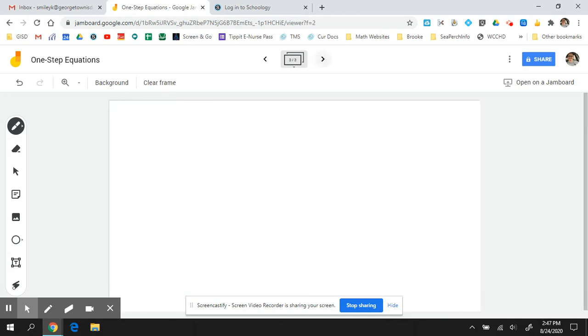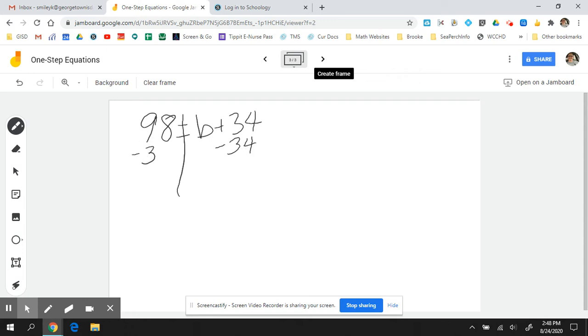So a little bit different, you'll see. If you have 98 equals b plus 34. Now, the last two problems had the variable on the left side of the equation. It is the same process, even if your variable is on the right side like it is now. We see that it is adding 34, so the opposite is to subtract.